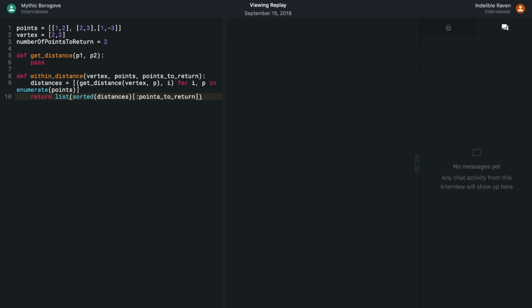So square sums squared. I guess it would be a squared plus b squared for a, b in zip p1, p2. God, I hope that works.